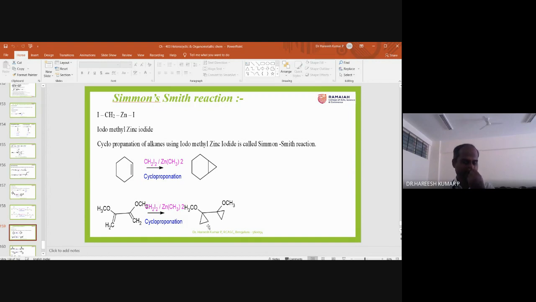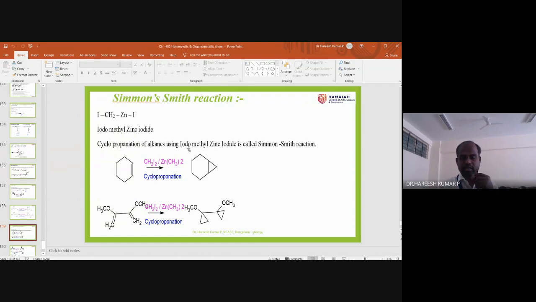That is how cyclopropanation is obtained. This is just like a carbene reaction. You know that in carbene insertion, CH2 is inserted into the double bond, no? In the same way, this is the Simmons-Smith and the previous name reaction.